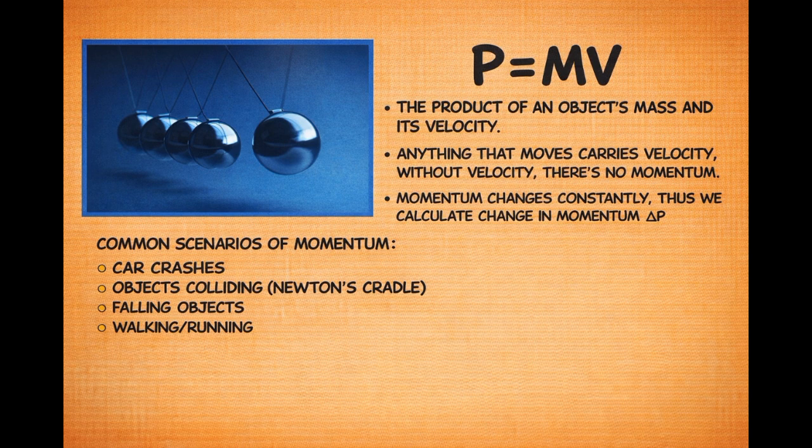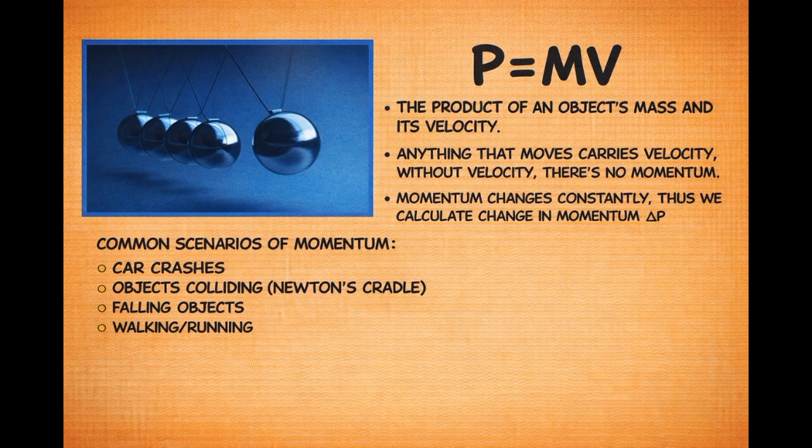Okay, what are the common scenarios in general? As we can see, we have car crashes. You see a car crashing. You see the accident, objects colliding, like a Newton's cradle. We can see on the screen, there's a Newton's cradle there. To the ones that did not know, that is a Newton's cradle. Today you know. And then maybe falling objects, because those falling objects have a velocity.